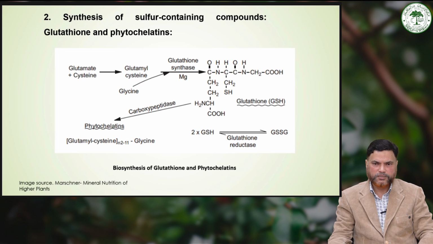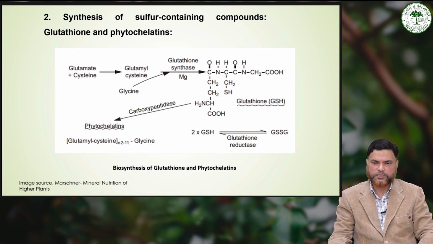In addition to this, sulfur containing compounds play a role in signaling pathways, very important, and regulating mechanisms within the cells. For example, hydrogen sulfide has emerged as an important signaling molecule involved in alleviating abiotic stresses in plants.